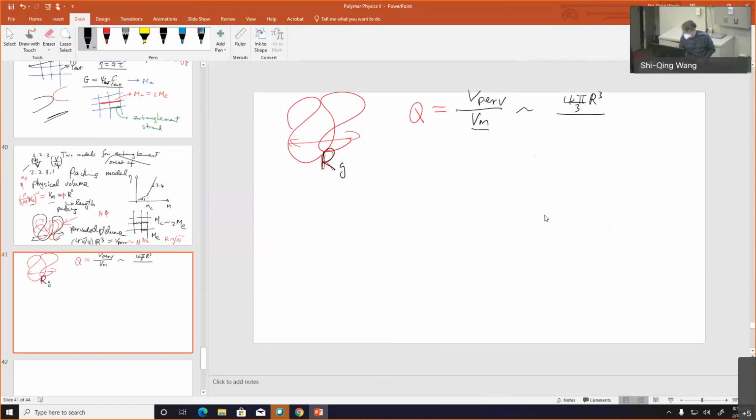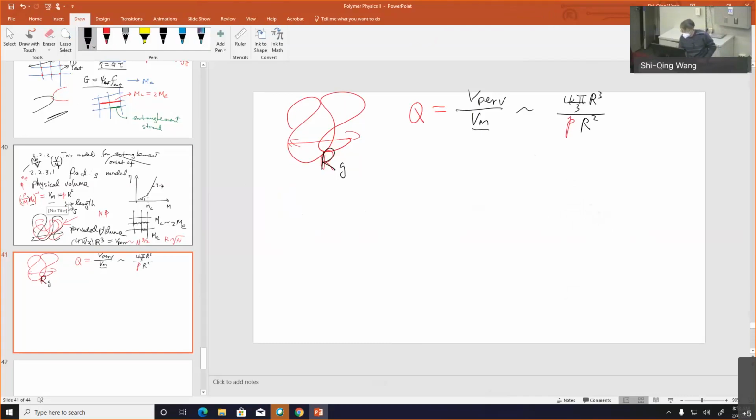And this one, this is where I'm happy to indicate the packing parameter, P again. But essentially, it's PR squared, if you recall. It's on the slide number 40. Right? That's it.